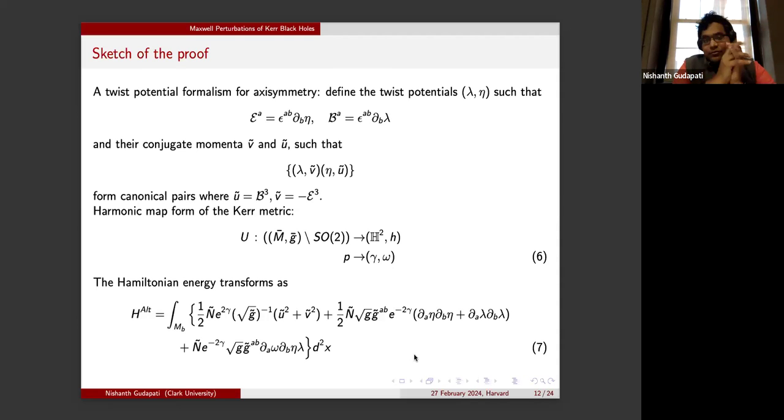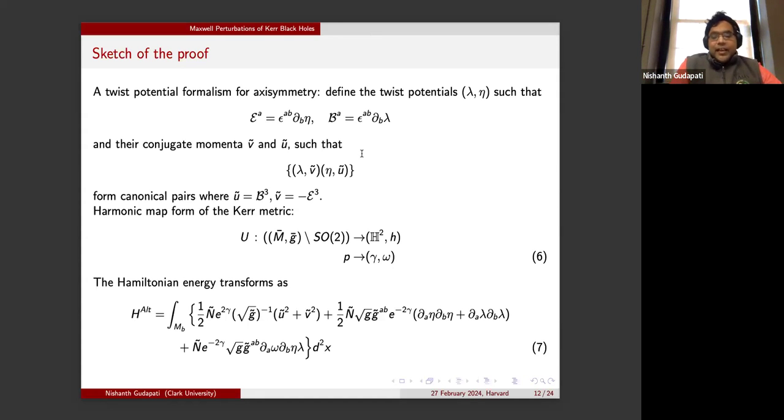You may think, okay, what's the point of that? Sure, until this point, nothing much happens. If you do that, you'll get this alternative Hamiltonian energy, H alt here. As I said, if you look at the phi components of the E and B fields of the Maxwell tensor, you'll get the conjugate momenta of these twist potentials, okay? So you get an entire Hamiltonian structure there.